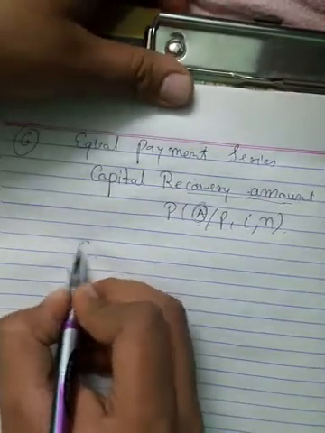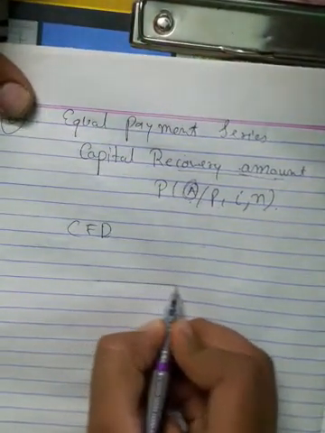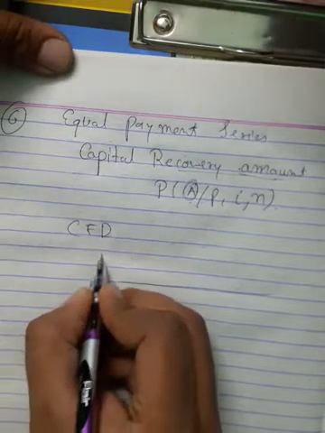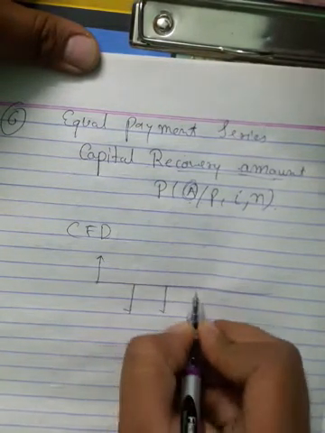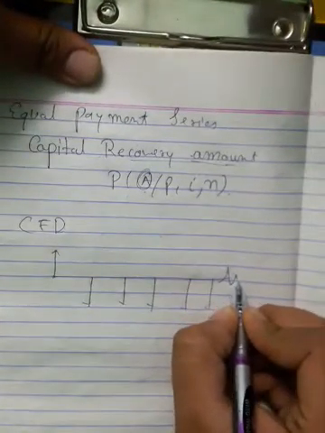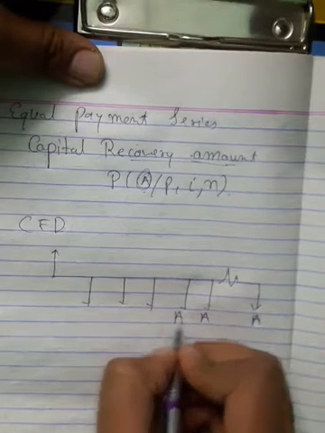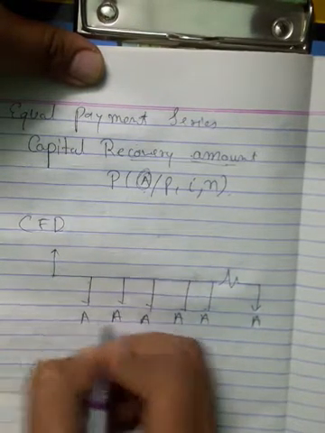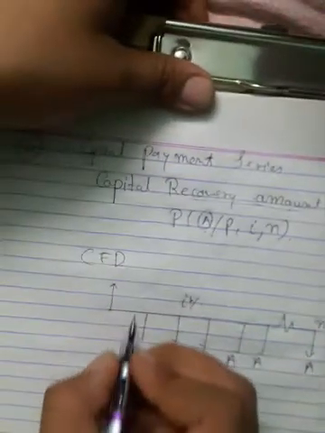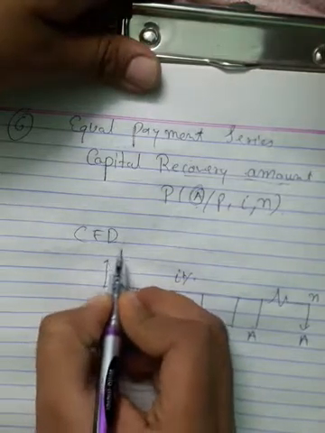If you write it in a cash flow diagram, it is given as P and A. I'll explain what that is. I is the interest, and n is the period in number of years.